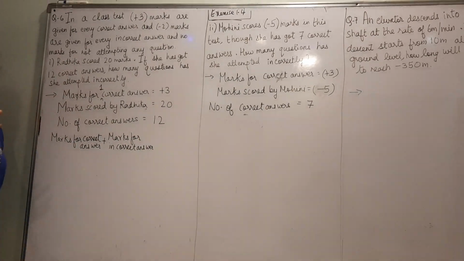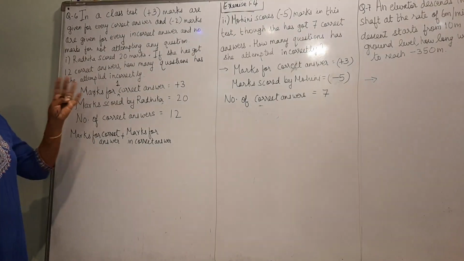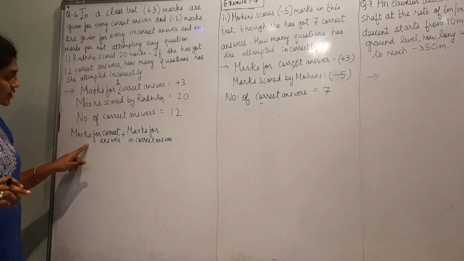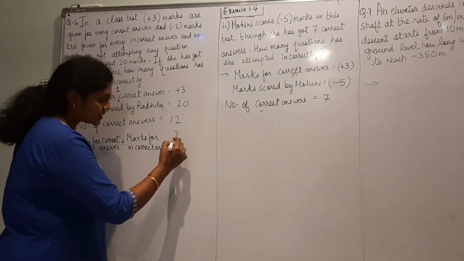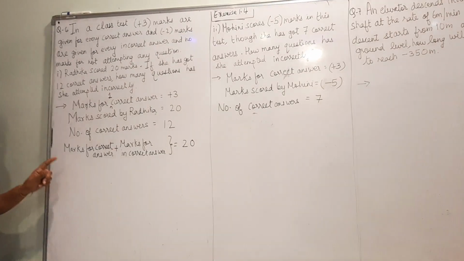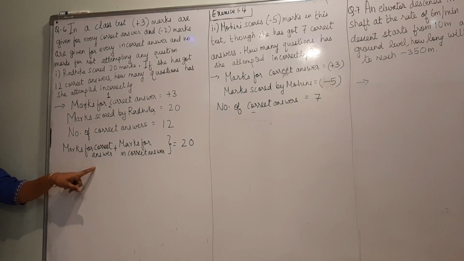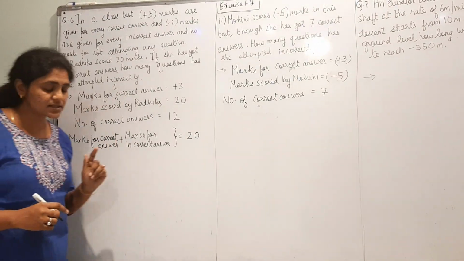Now, which is not attempted, that we are not taking into question, but we know it is 0. So when you add both the marks, what Radhika is scoring is equal to 20. Marks for correct answers plus marks for incorrect answers.